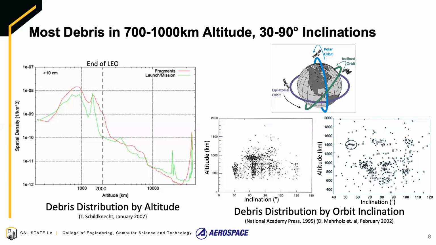Then in the graphs below, we show the debris distribution data from two different data sets, which show the debris distribution over different inclinations. From this, we can see that overall the debris is relatively spread out over different inclinations, but it tends to be around the 30 to 90 degree inclination range.